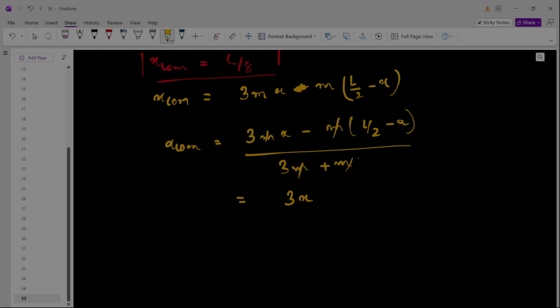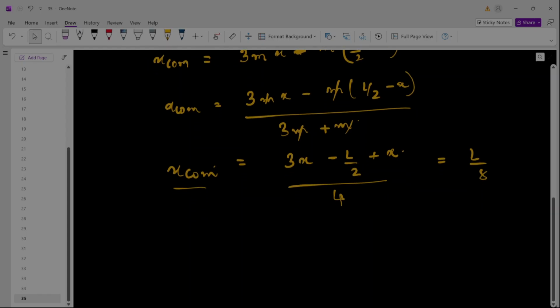3x minus L by 2 plus x divided by 4 will be my center of mass, and this has to be equal to L divided by 8, because my core concept is that the center of mass is not changing, right? Because there's no external force acting on the system, right?